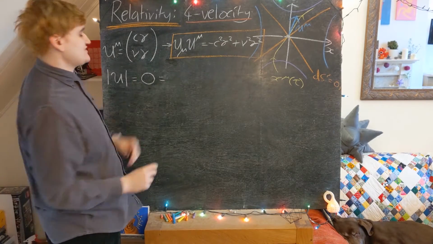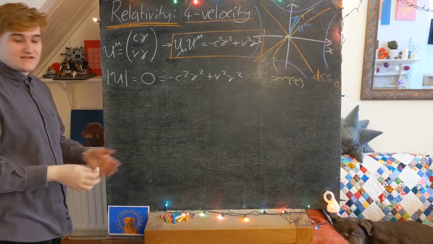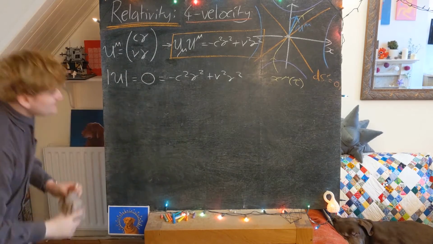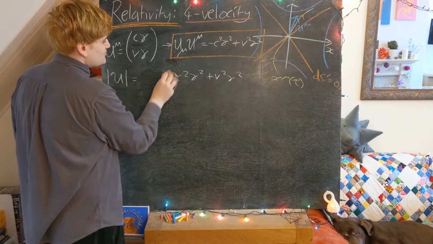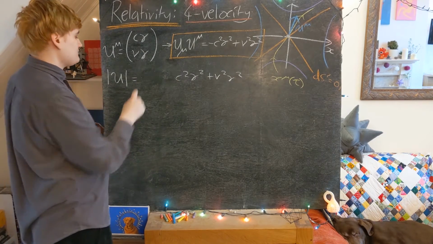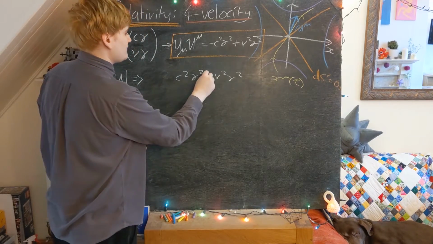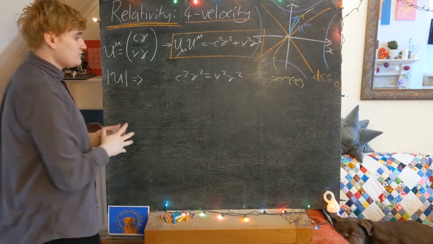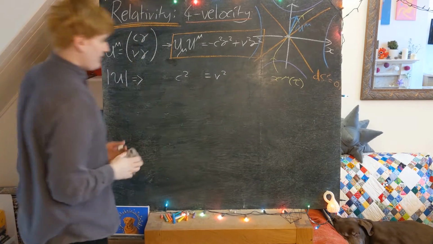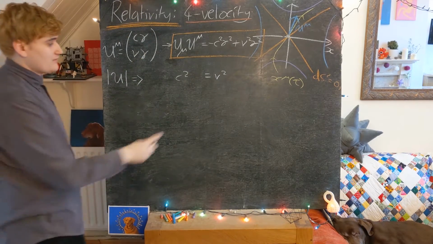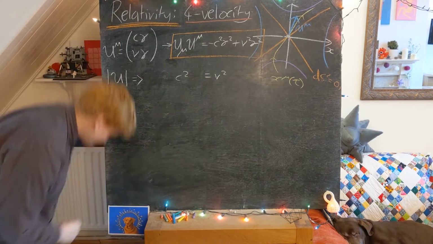So this expression being 0 just means that this expression is 0, and now essentially we can just simply realize that this is going to be true whenever these two objects are equal, and so gamma squareds are going to disappear, and we're simply going to be left with v squared is equal to c squared.